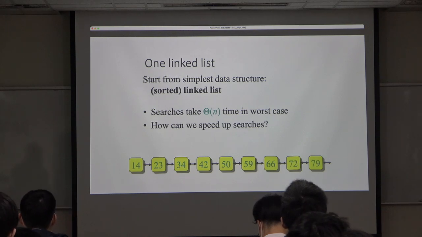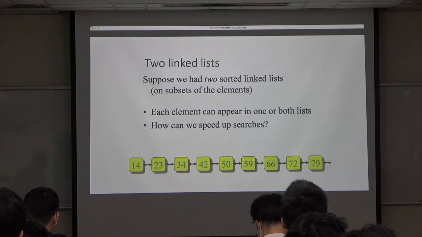The search can take log n. Great. But this guy, William Pugh, has a special idea. For example, suppose we have two sorted linked lists.